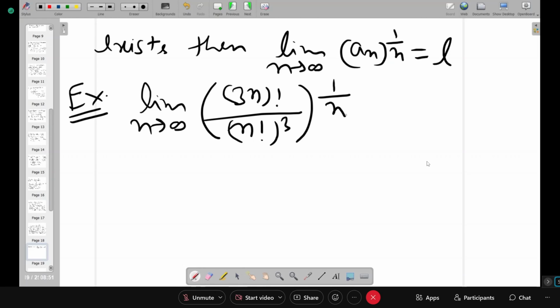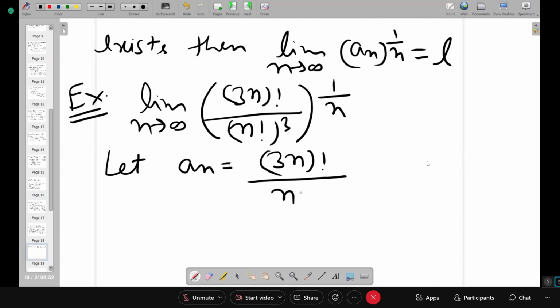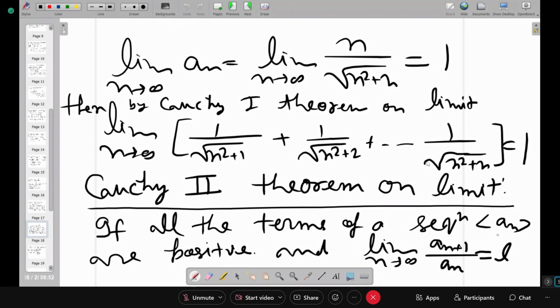So here, let an equal to 3n factorial upon factorial n cube. So this is an, and here we can apply the Cauchy second theorem on limit.